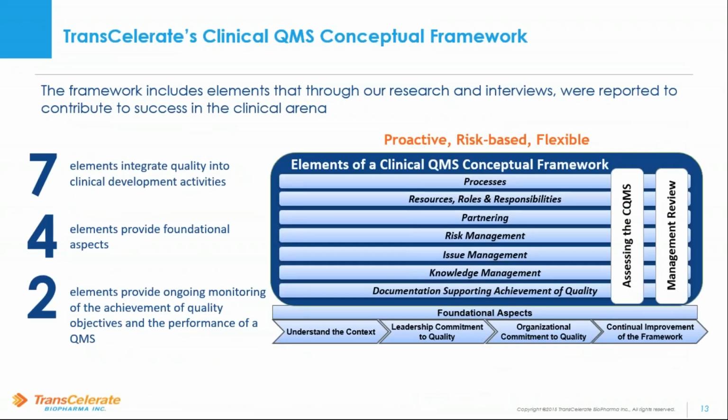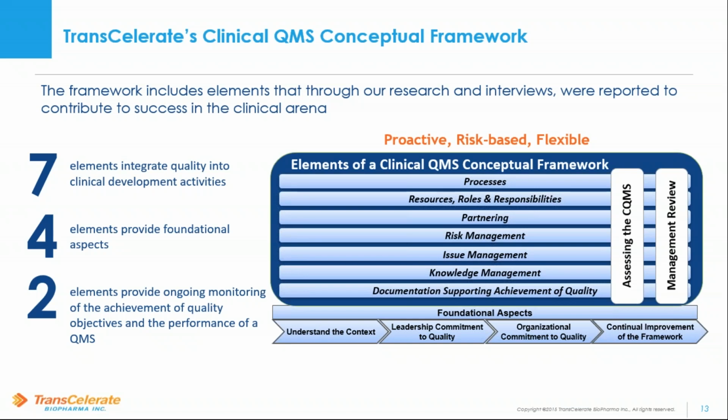So the TransCelerate clinical QMS conceptual framework looks like this. Our framework includes elements that we found help to contribute to success in the clinical arena. It is designed to be proactive, risk-based, and flexible. And you can see that there are 7 blue bars representing the 7 elements that help integrate quality into clinical development activities.